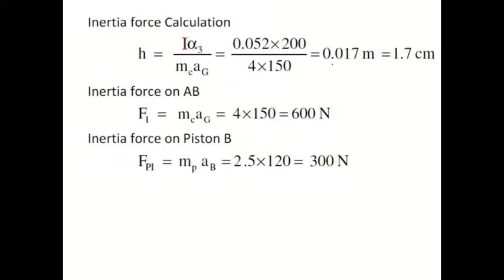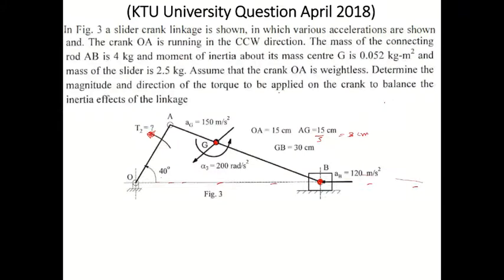You will get the answer as 0.017 meter, or 1.7 centimeter. Divided by 5 you will get 0.33. So around this place, 0.33 centimeter away from G, you will have point C.